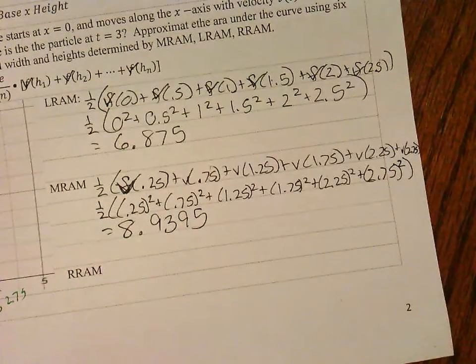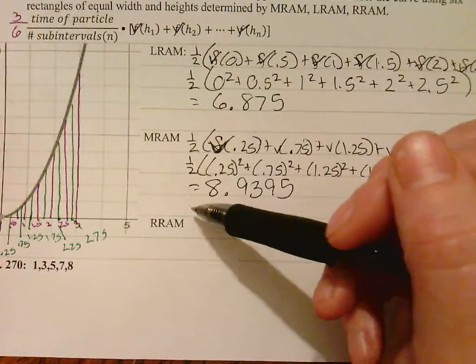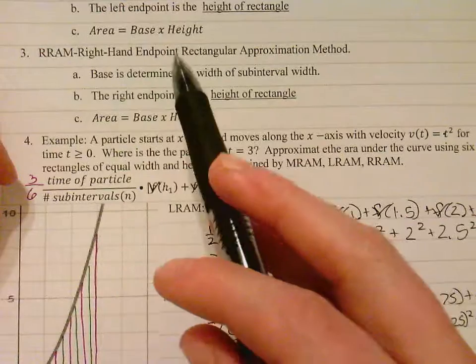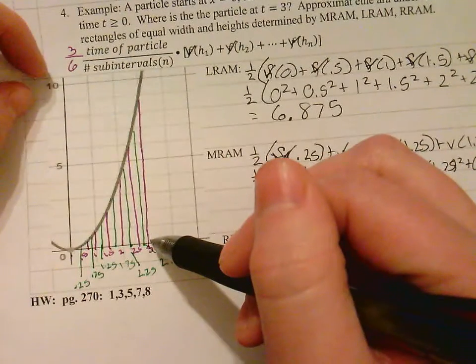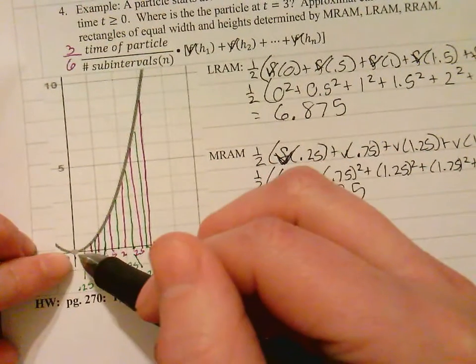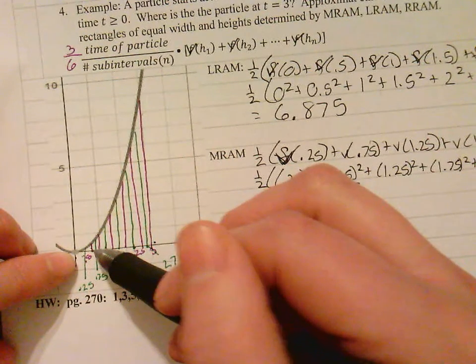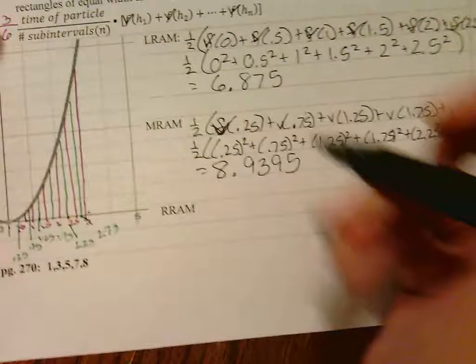Okay, next one. So this is the right-hand endpoint rectangular approximation. So you start over here at 3. You can either start here, or you got 0 here and you start at the first purple you see at 0.5. Whatever you want to do. If you want to start at the right endpoint so you remember, well, I'll do it that way.